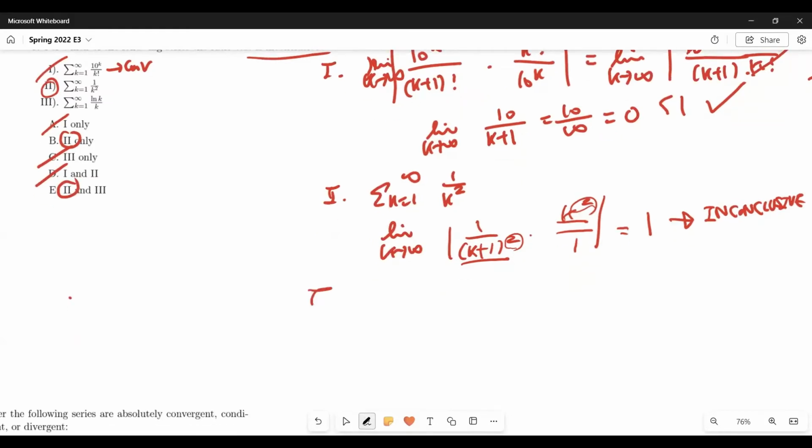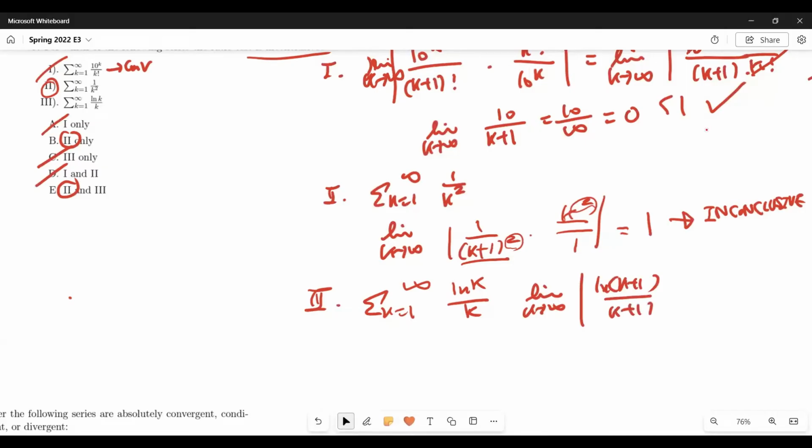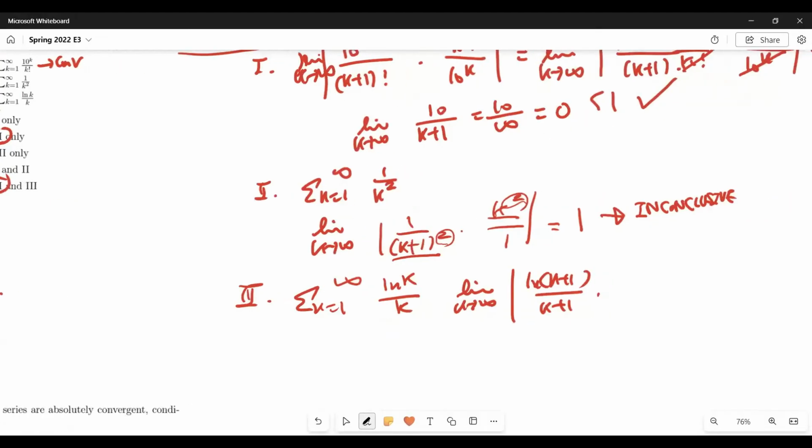Okay, let's check the 3. So the sum from k equals 1 to infinity of ln k over k. If you put the ratio test in, you have to put the k plus 1 term, ln(k+1) over (k+1), and then divide it by the original, so multiplying by the reciprocal, ln k over k, so k over ln k. k and k plus 1 have the same power, so this will cancel out, and ln(k+1) and ln k also have the same power, because if you suppose k is 1 or k is 2 or something like that, then it's ln 2 and ln 3.